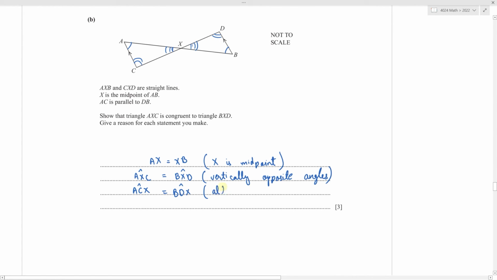So you can say alternate angles. So using the AAS rule, triangle AXB is congruent to triangle CXD.